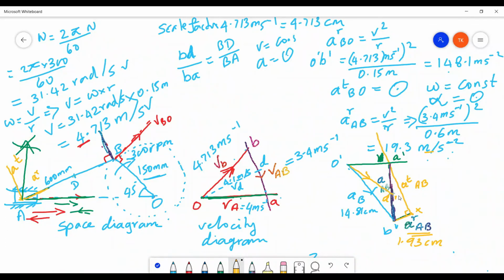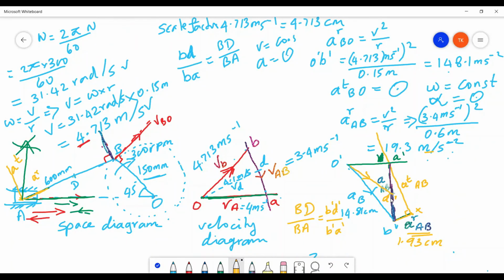So now I can find the acceleration of the point d'. Because I know b'd' to d'a' equal to BD upon BA. So similar way like this, I need to mark here BD upon BA should be equal to b'd' upon b'a'.